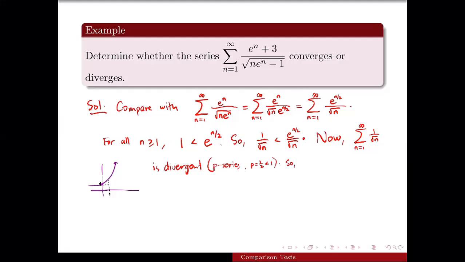So, by comparison test, the series e raised to n over 2 over square root of n, from 1 up to plus infinity, this is also divergent.